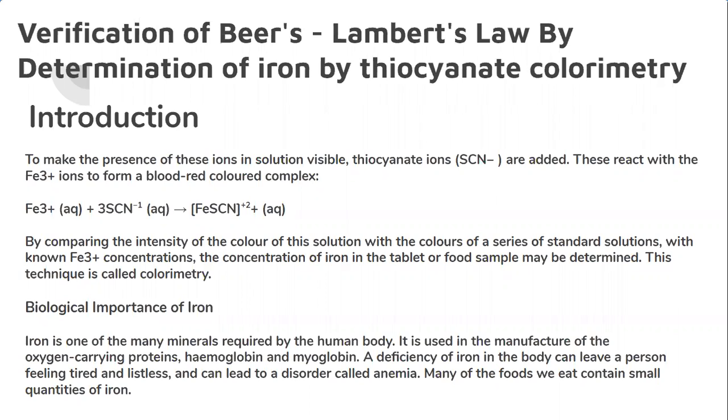And now today we are going to discuss verification of Beer-Lambert law by conducting an experiment, known as the determination of iron in water by the thiocyanide method by colorimetry. So first, what are the steps involved here? The first is the basic aim, that is the introduction, our aim, our objective.